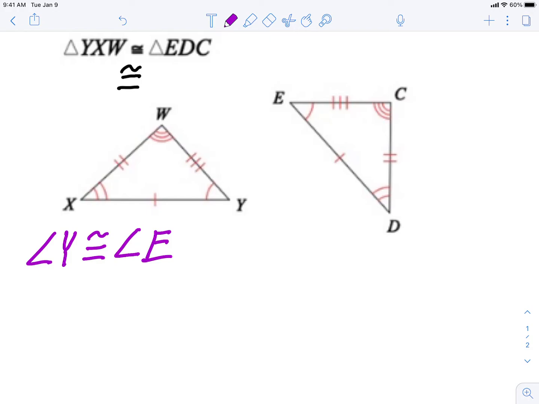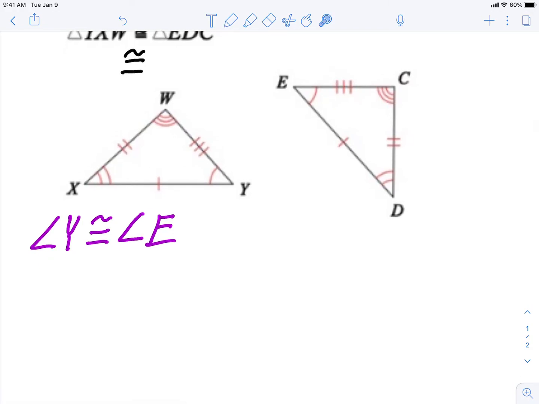Let's go back to our first triangle. We got the one with one arch. Let's do the corner with two arches. Angle X is congruent to angle, well, this is double arches. Where is the double arches here?